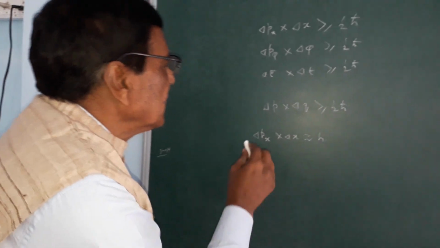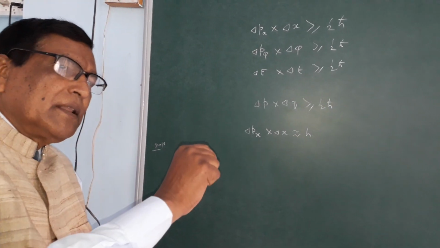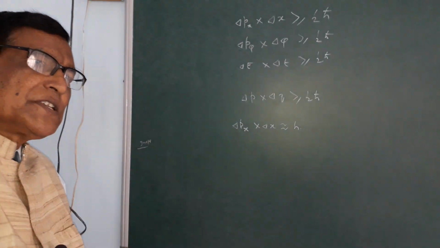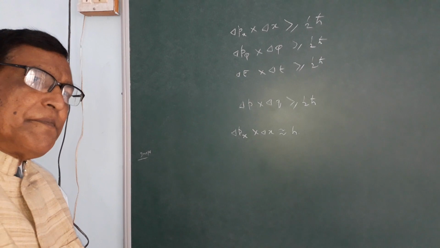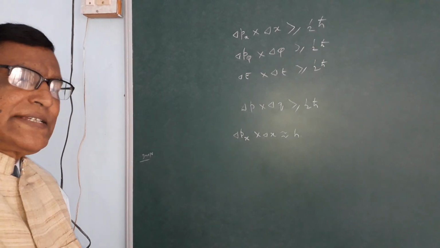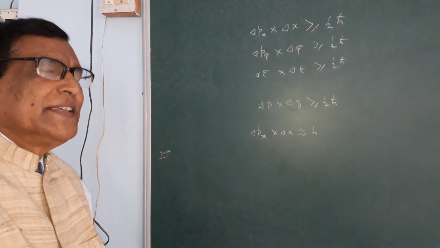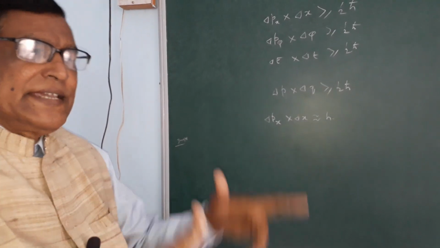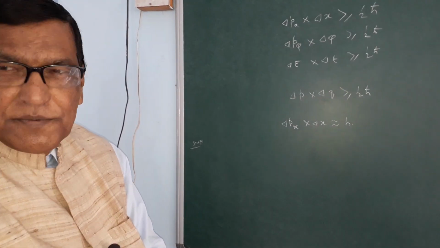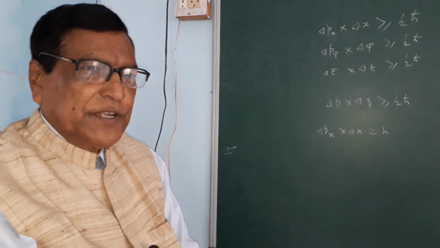If the position of the particle is along the x direction, and the momentum along the y direction, then these two are not complementary, these two are not conjugate variables. In that case, both variables we can determine accurately.